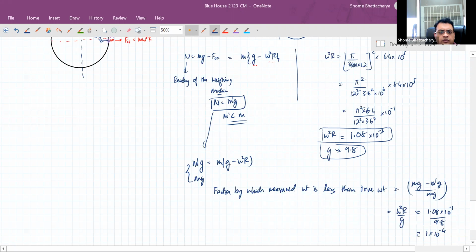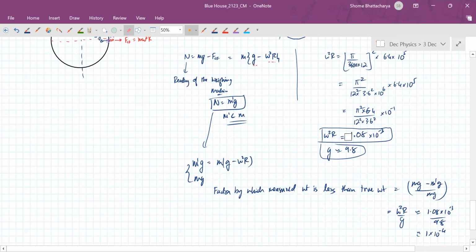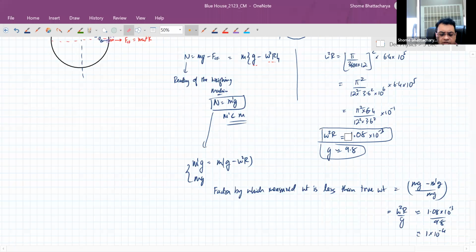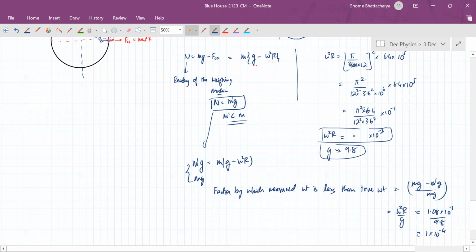So I have multiplied this by a factor of pi, 3.14. So that 1.08 when I multiply it by 3.14 will give us about 3.39 instead of this. Now I think we'll get the correct answer, right? Yes, sir.